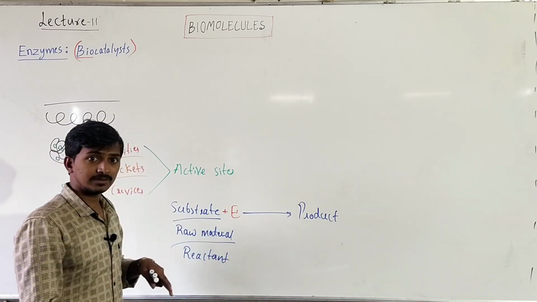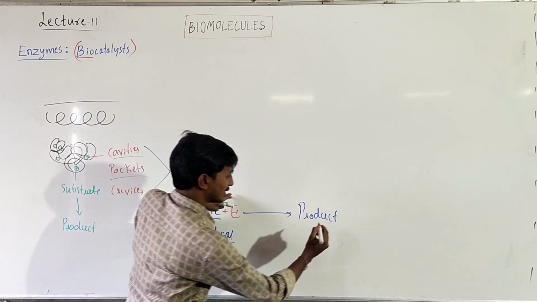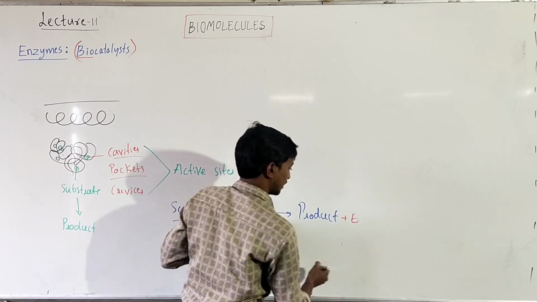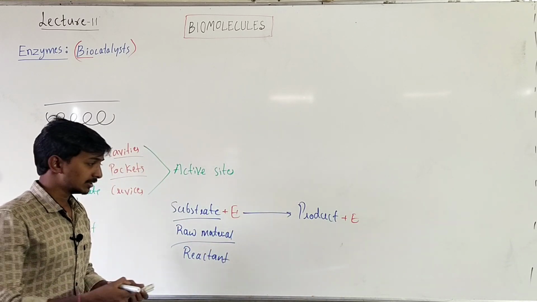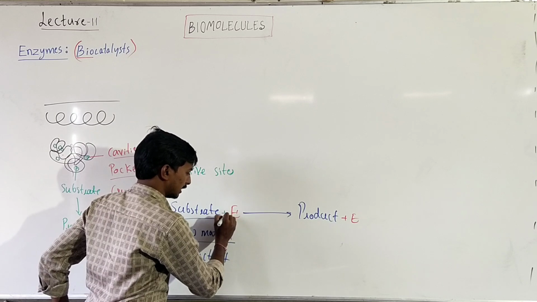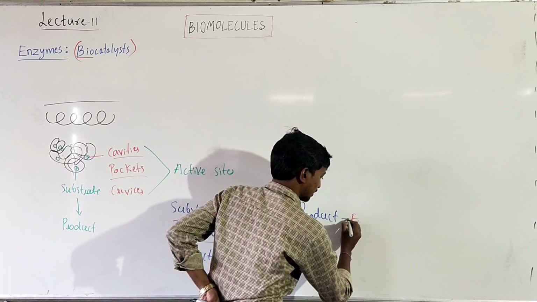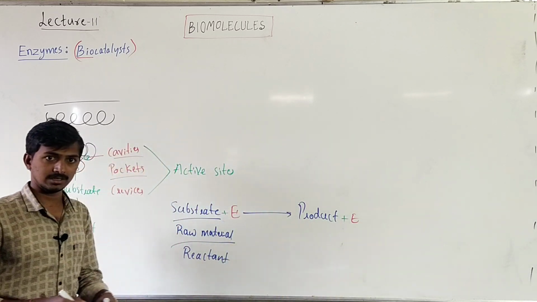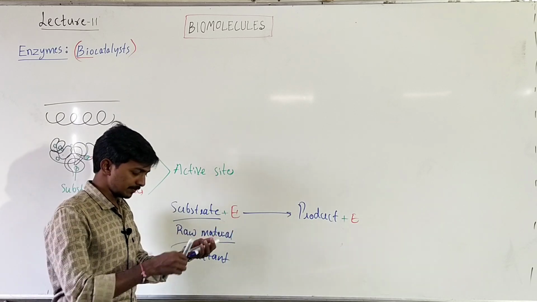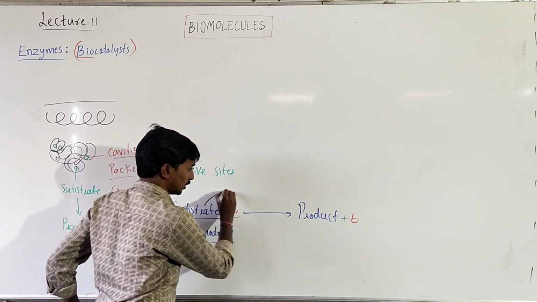And at the end of the reaction the enzyme remains as it is, means there is no change in the chemical or physical nature of the enzyme. Just the function of this enzyme is to convert substrate into product.